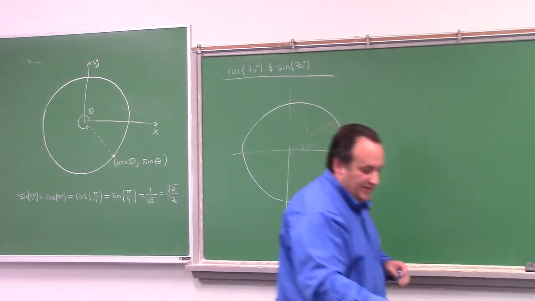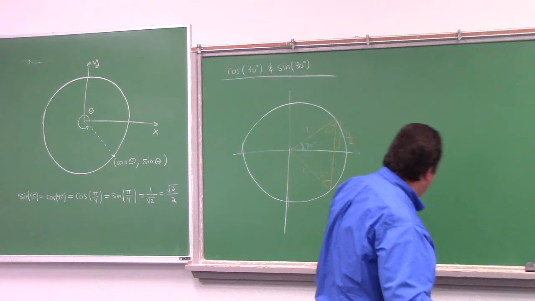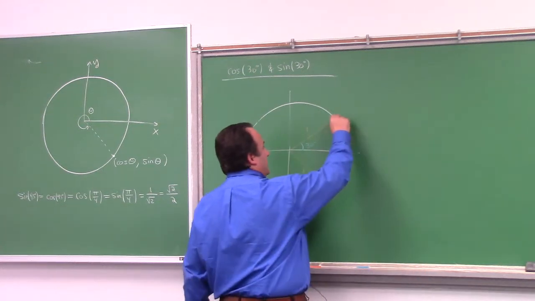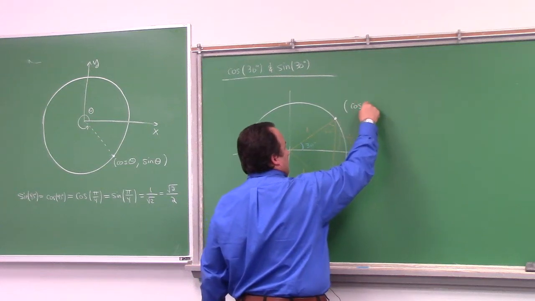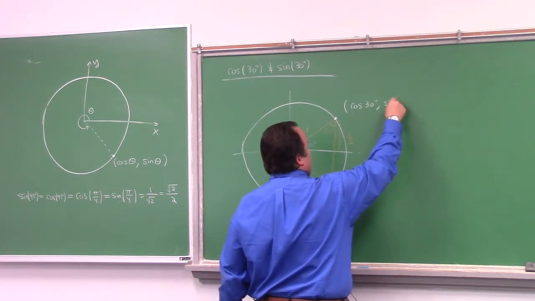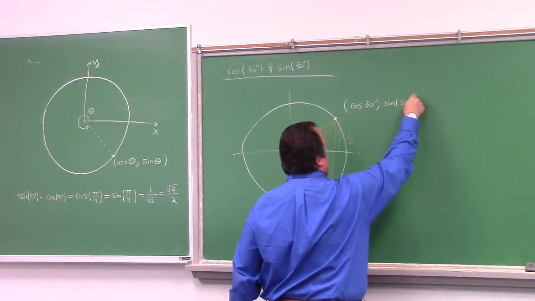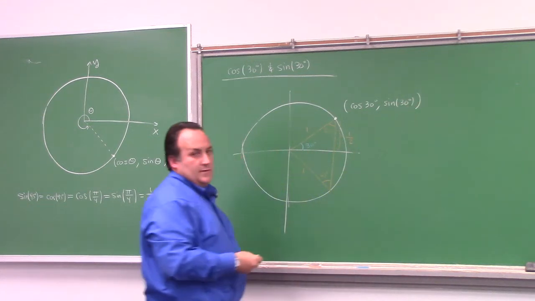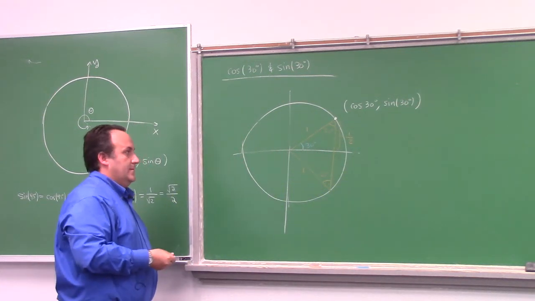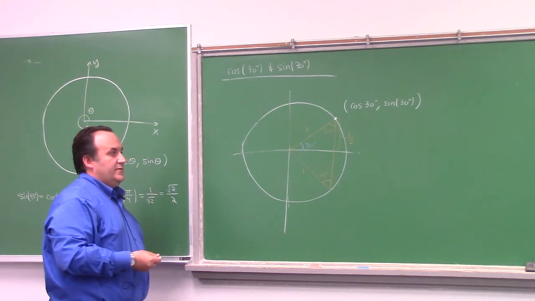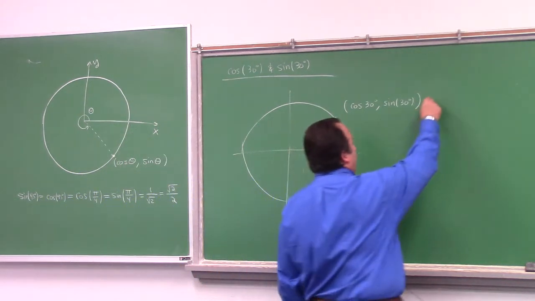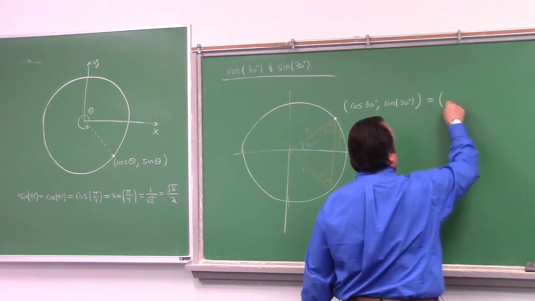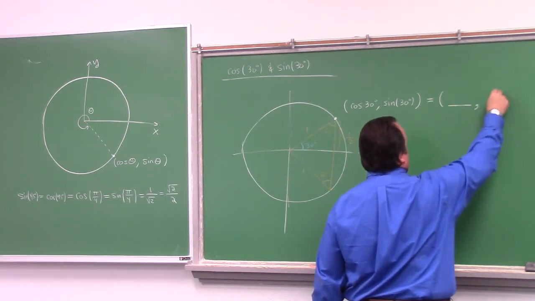Now, if that's the case, what does that make this point right here? That makes this point cosine of 30 degrees, sine of 30 degrees. We already know that the y component is, we'll have to fill in that blank, a half.